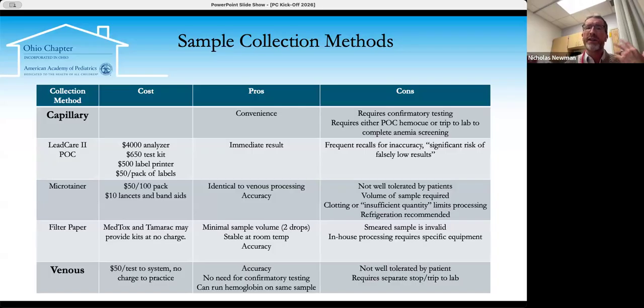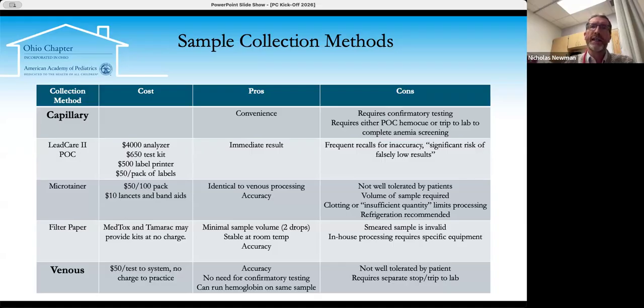It's more operator dependent. Whoever's collecting the blood needs to spread it evenly, so there's some training involved. And whoever's processing it needs special equipment, but that's not your problem, right?